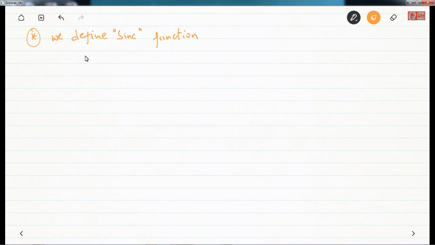So the sinc function is given by sin(pi theta) by pi theta.